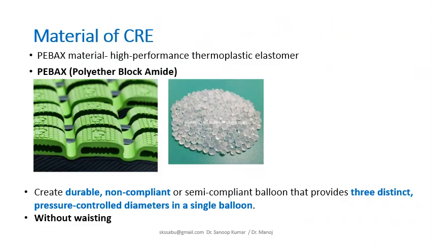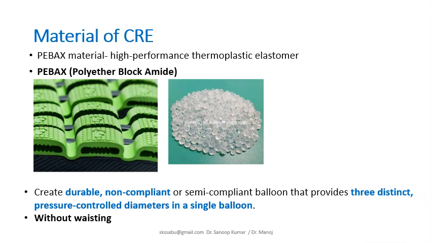Regarding the material, this CRE balloon is made of a special material known as PEBAX. PEBAX means polyether block amide, a material used in CRE by Boston. The advantage is that it is a thermoplastic elastomer. It is a durable material and it is non-compliant, or we also call it semi-compliant.